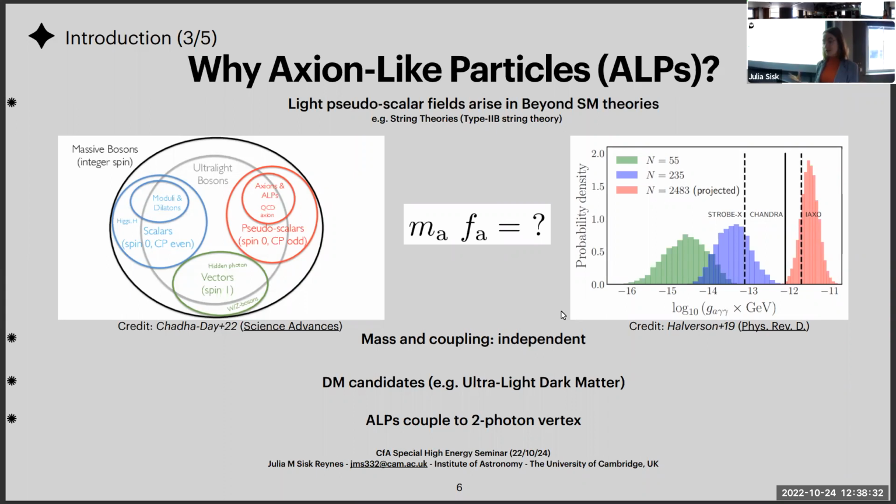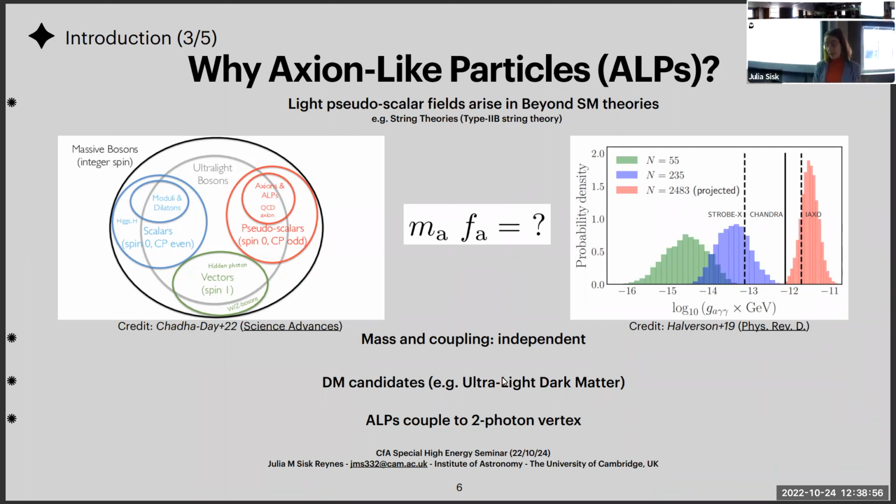And now I'm going to start talking about axion-like particles that I'm just going to refer to as axions for simplicity. But this is a new class of particles that are generic predictions within beyond the standard model frameworks, such as string theories. And they are predicted to mix with standard model particles as QCD axions do.